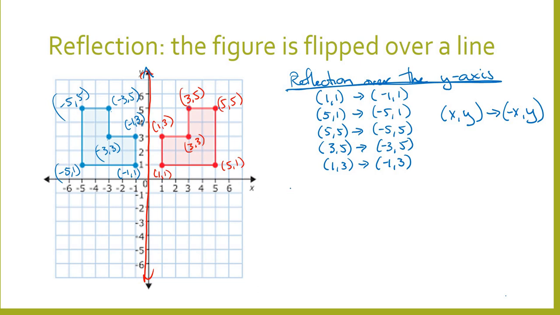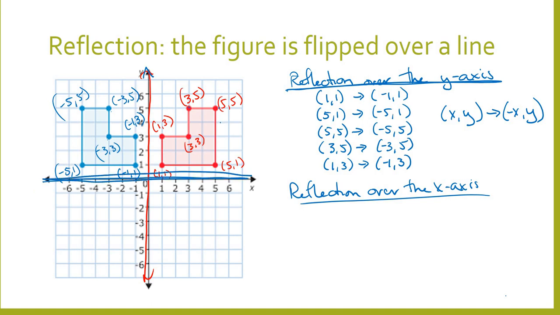Okay? What if we did a reflection over the x-axis? So this time I'm going to reflect on the x-axis. I'm going to start with the same pre-image, but this time I'm going to flip it down.